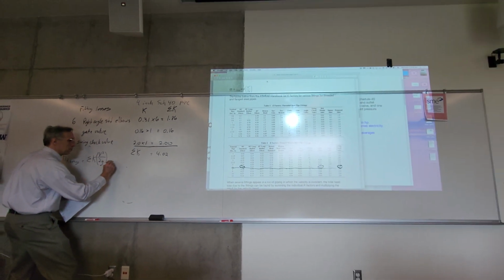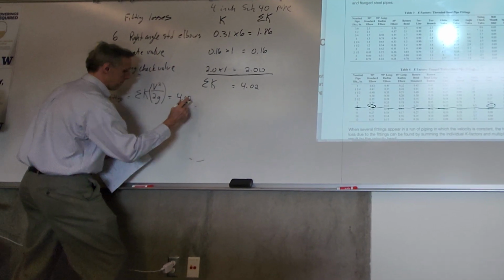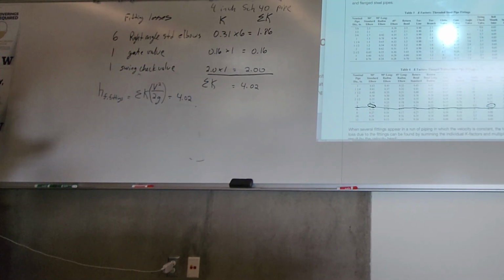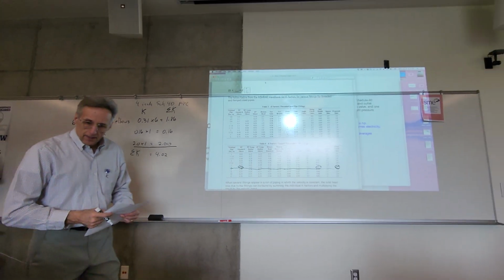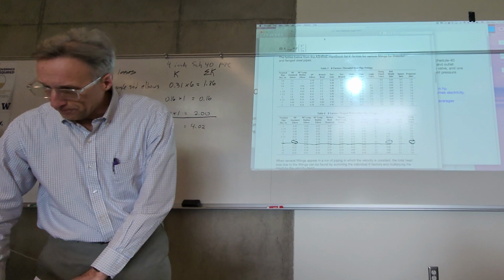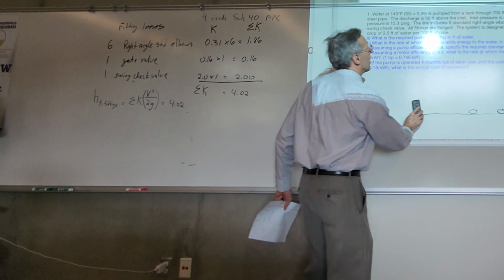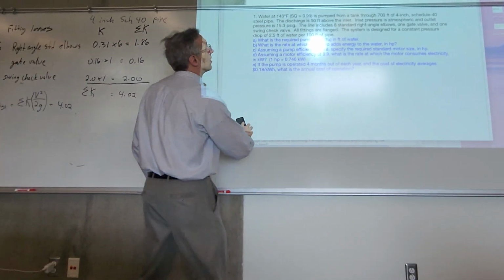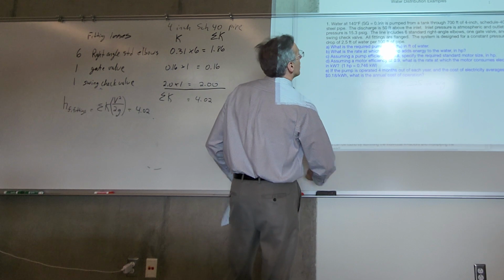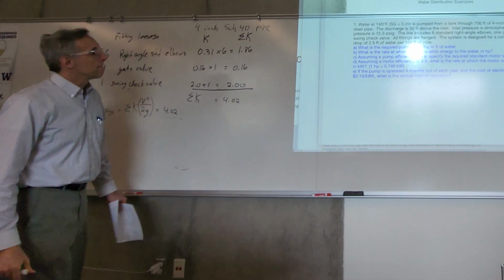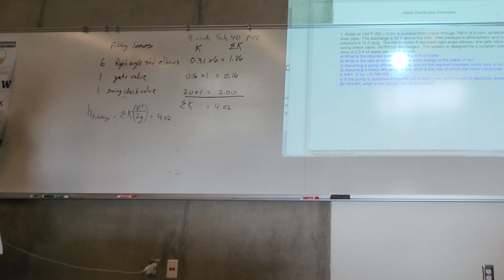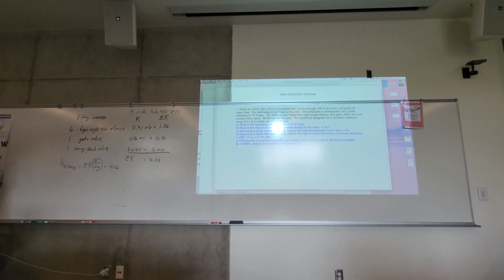So multiply 4.02 by our velocity. Is the velocity given? I don't think so. How do we find out our velocity? Do we have to do Bernoulli's to find it?